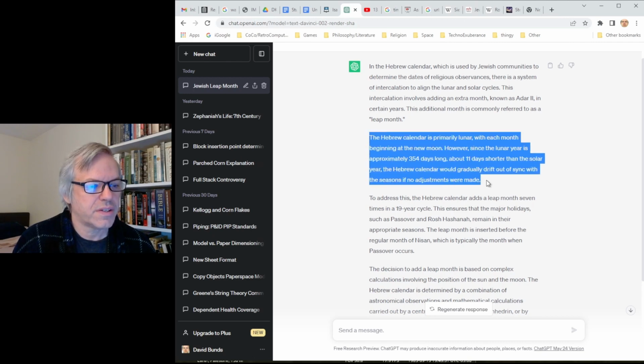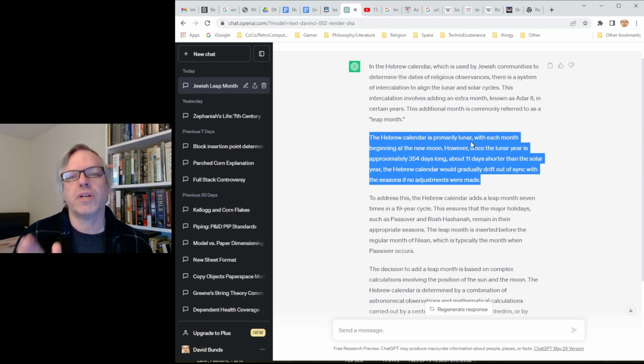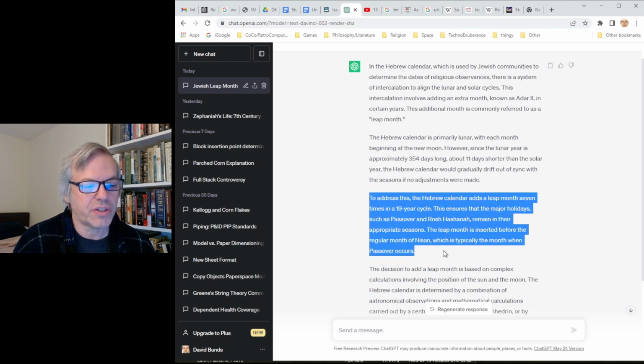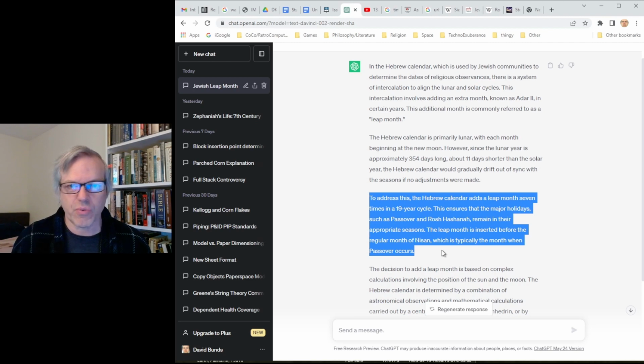Essentially, this is what I told him. This paragraph that ChatGPT is telling me now is essentially what I told him. I said, if you don't adjust the lunar calendar, you'll start keeping Passover in winter time, and every year it'll keep getting earlier. So eventually Passover won't be in the spring anymore.